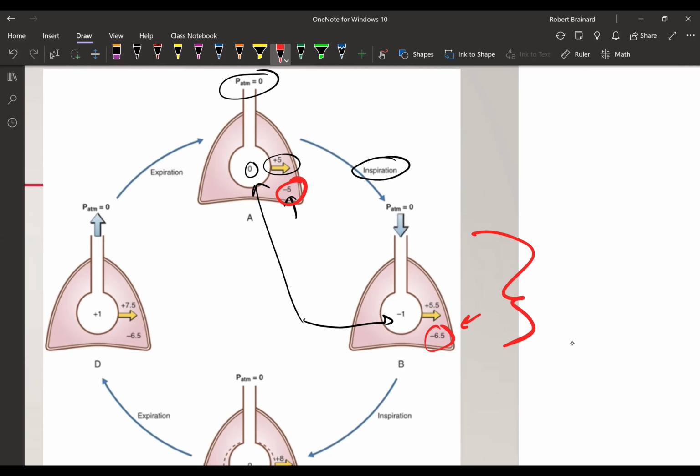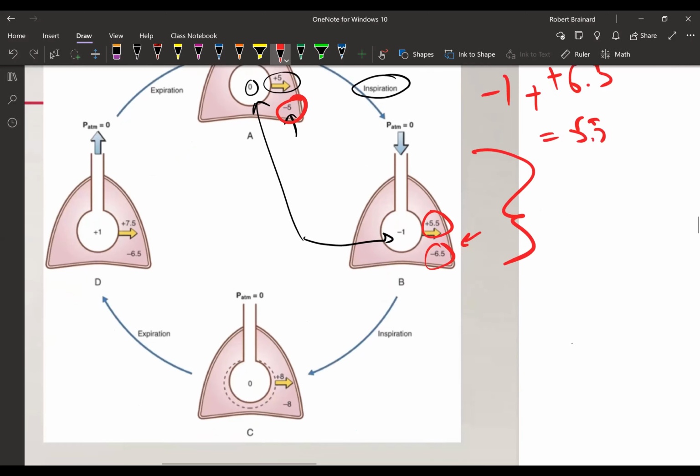Well, it's alveolar pressure minus intrapleural pressure. So if you go -1 minus a -6.5, you add a positive, that's going to equal +5.5 for the transmural or transpulmonary pressure, which is what we see right there. Does it make sense? Yeah. Okay, great.